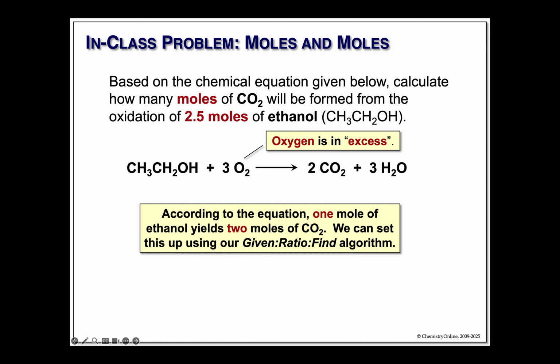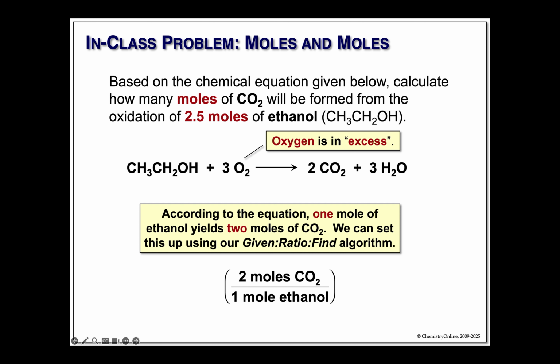According to this equation and this balance, 1 mole of ethanol gives 2 moles of CO2. So a ratio of 1 to 2. We look at our problem here. Our given is 2.5 moles of ethanol.